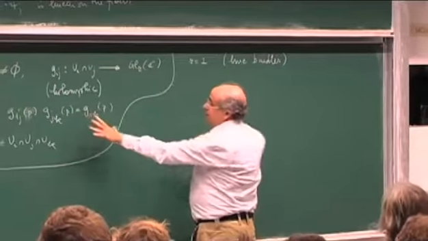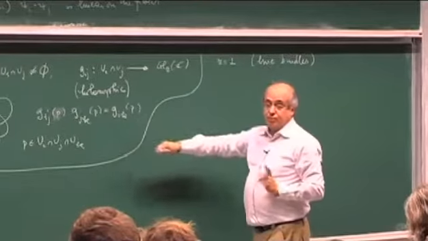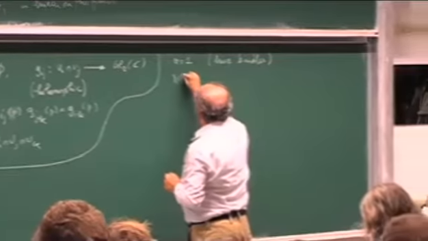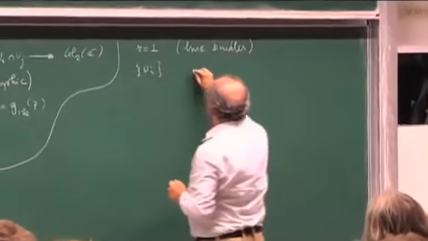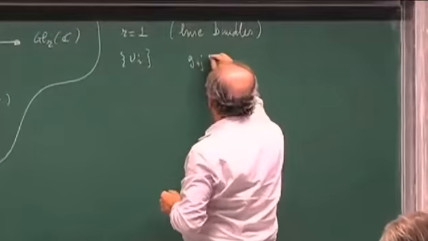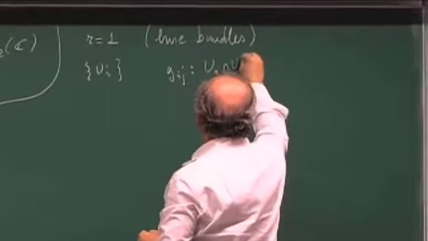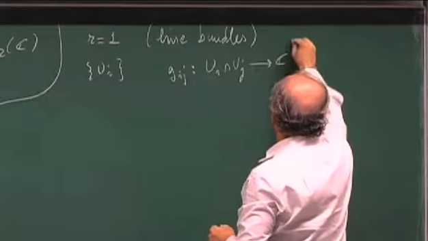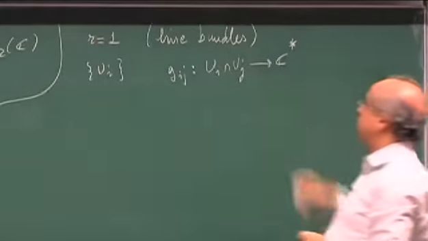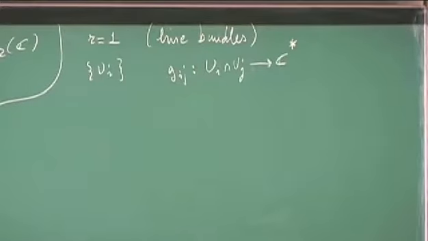Suppose that we are describing a line bundle in this way. This means that we have an open cover, and we have functions from this intersection to C star. Do we already know this object?